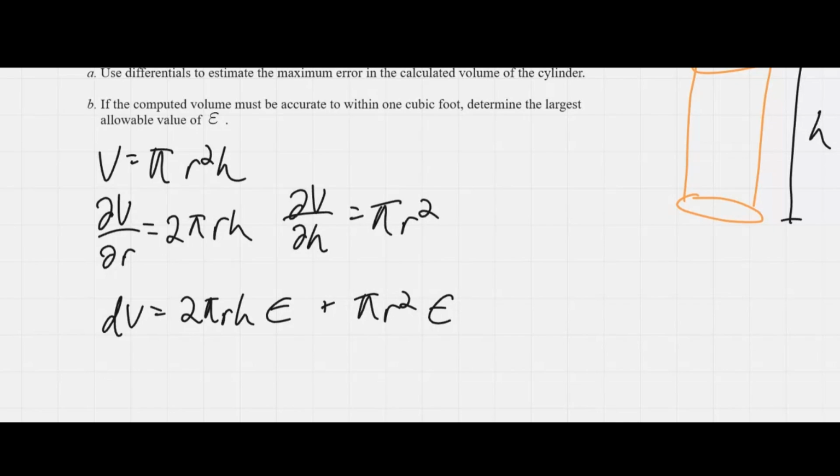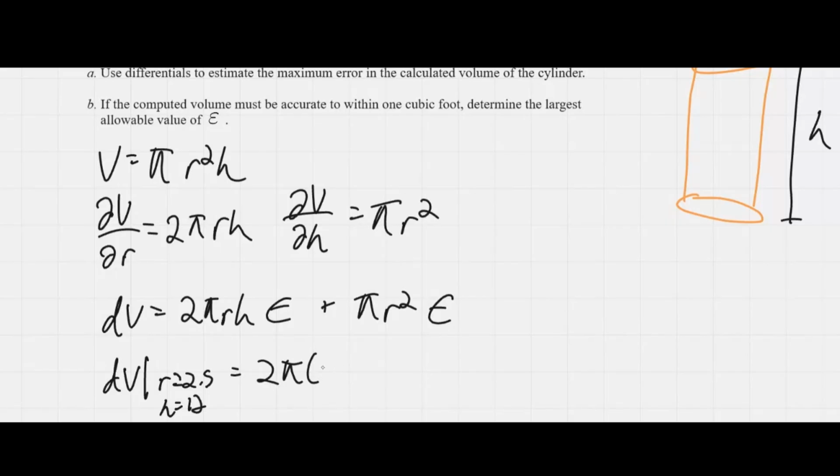To estimate our maximum error in the volume of the cylinder, all we need to do is substitute in the given values that we have. We're given that the radius is 2.5 feet and the height is 12 feet. So the differential when radius is equal to 2.5 and height is equal to 12, we just need to substitute in these values.